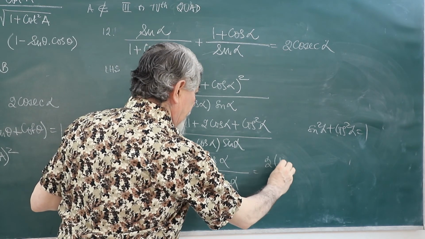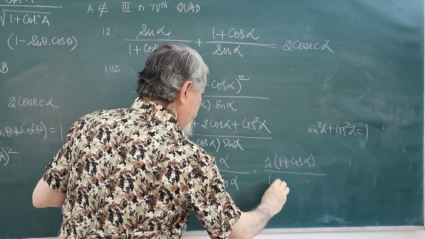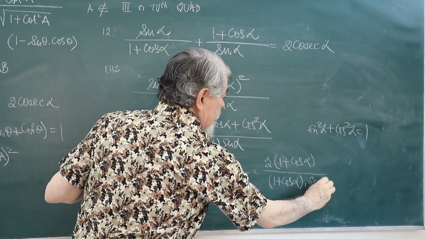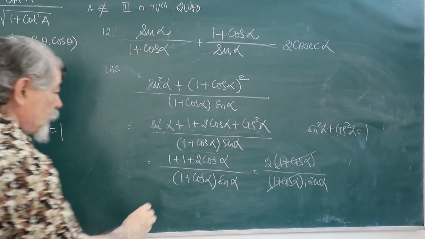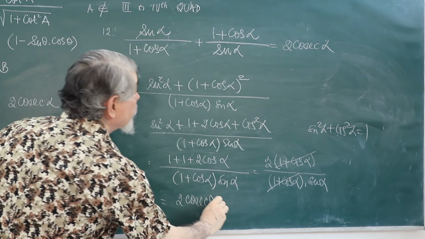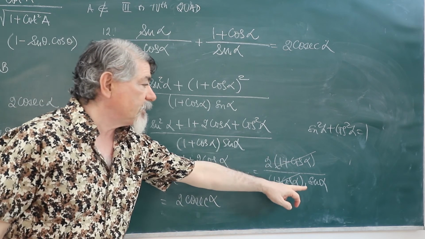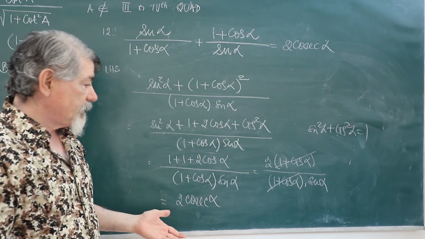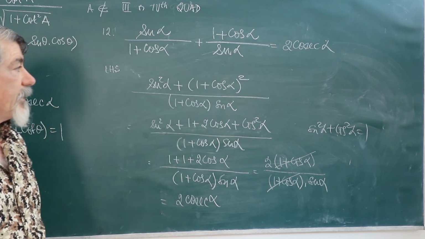It will be left 1 plus cos alpha upon 1 plus cos alpha and sin alpha. 1 plus cos alpha will cancel. 2 upon sin alpha will become 2 cosec alpha. Your right hand side was 2 cosec alpha, because 1 upon sin alpha is cosec alpha. It's just the reciprocal of sine. So your answer is 2 cosec alpha.